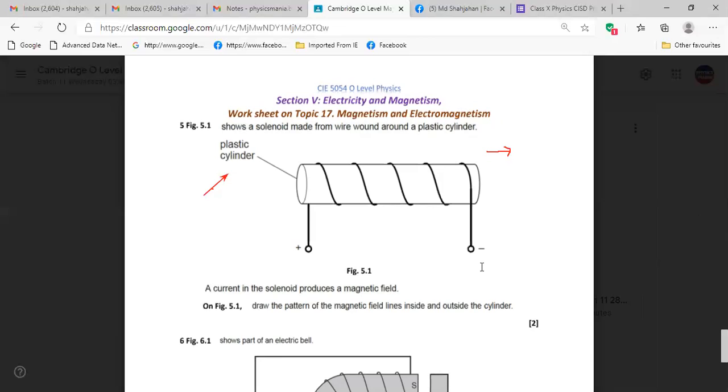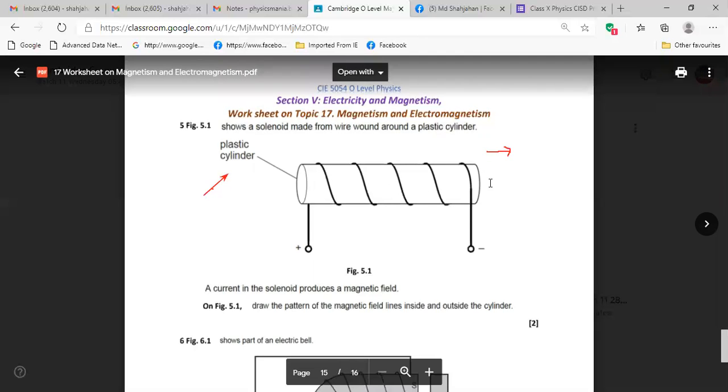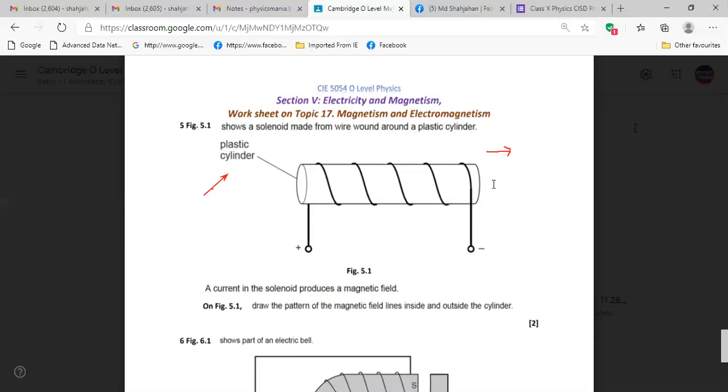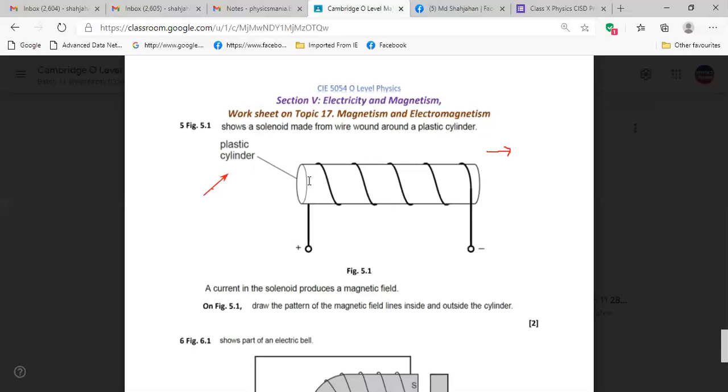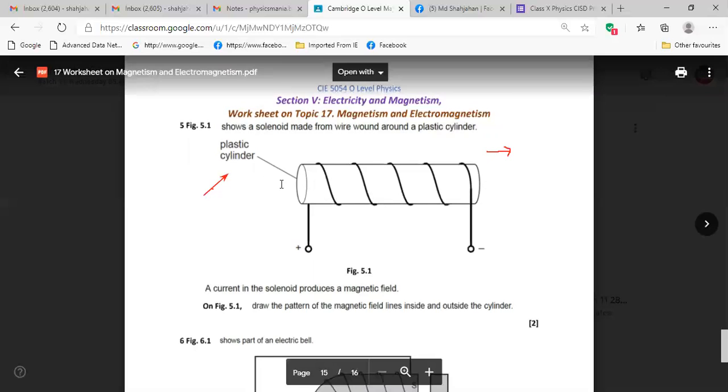But it says field lines inside and outside. What would be the inside one? The inside one means if your N is here, then the field line is going inside, right? Yes. And if your south pole is here, then the field lines are coming out from here, right?